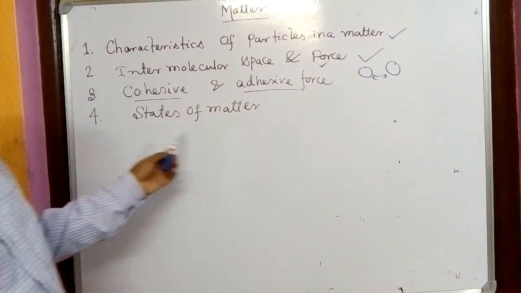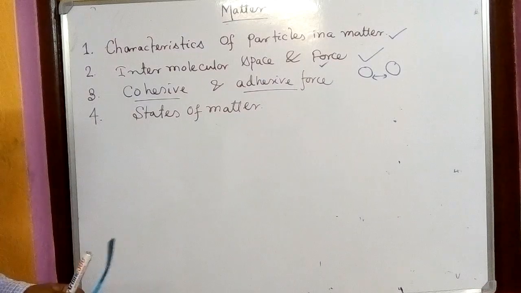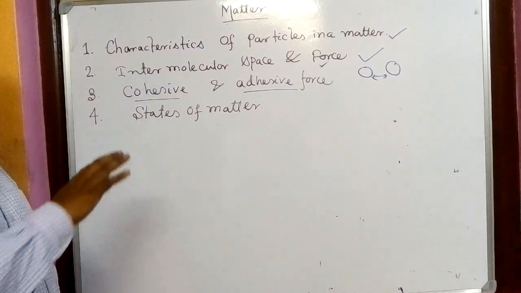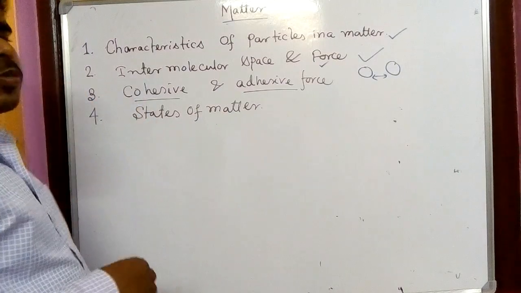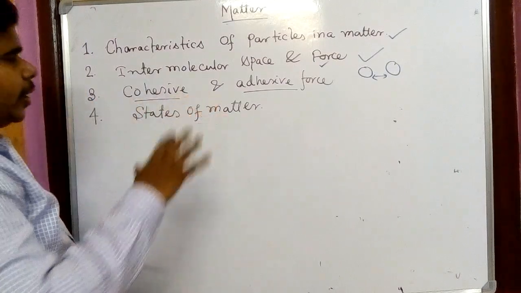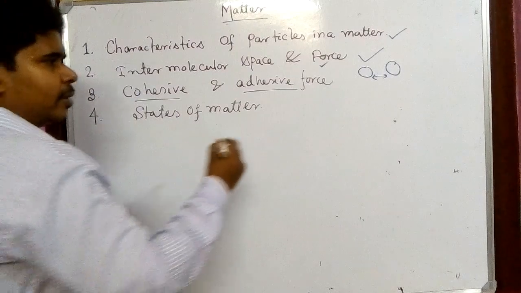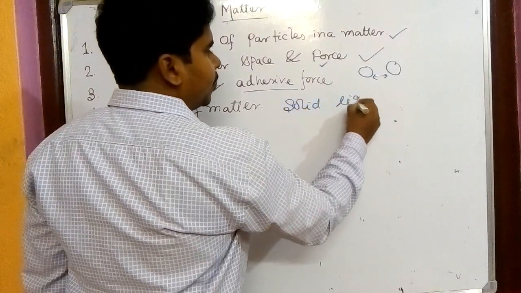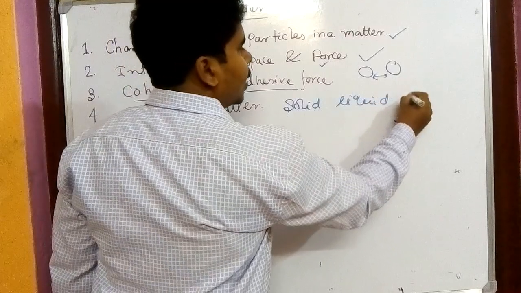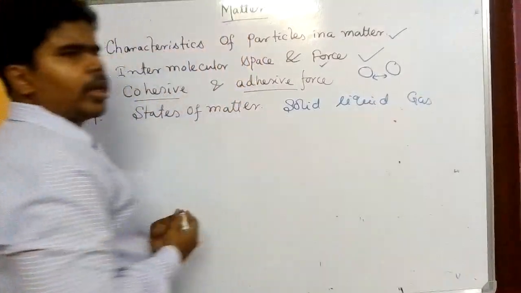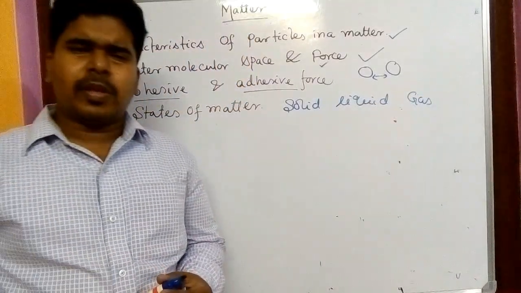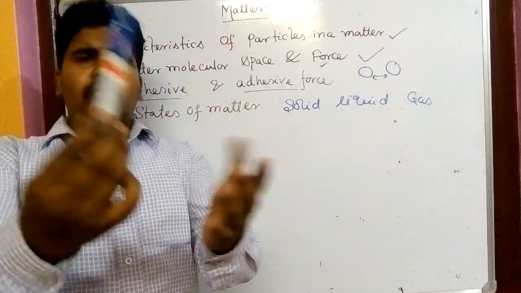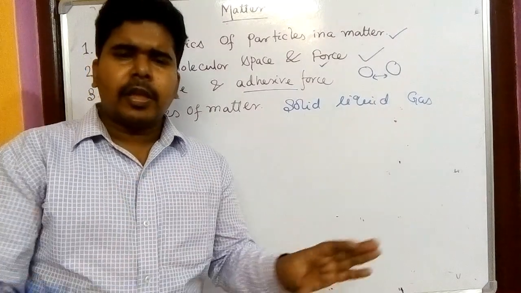Next we have learned states of matter. Depending on the properties of the matter, depending on the attraction force between the molecules, we can divide matter into three parts: solid, liquid and gas. For solid, examples are wood, stone, brick, the pen in my hand, everything is solid.